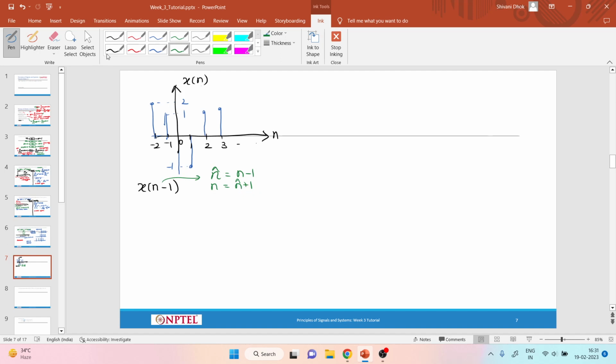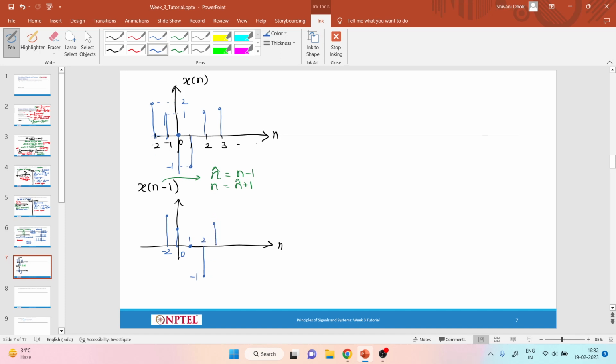So you're shifting the entire signal towards the right. What you will get is something like this: a magnitude of 2 here, then 1, then -1. Sorry, at 0 it has nothing, so it will be 0 here, then at 1, 0 here. Then again -1, 1, 2.